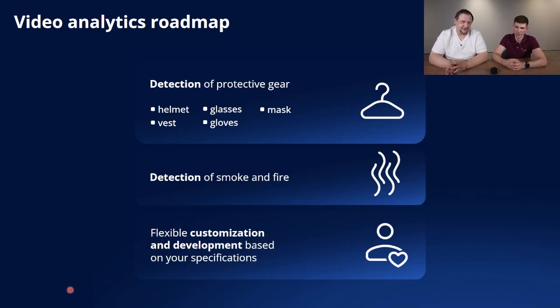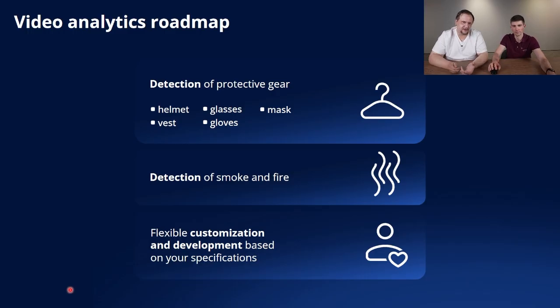Back to some more video analytics. Right now there is a video analytics roadmap, and in development we have specialized detection. For example, we have detection of protection gear. It includes helmets, glasses, masks, vests, and gloves.